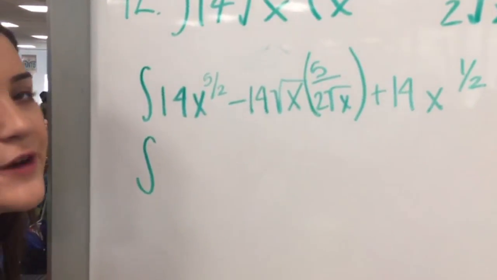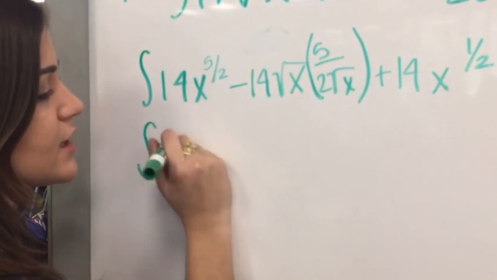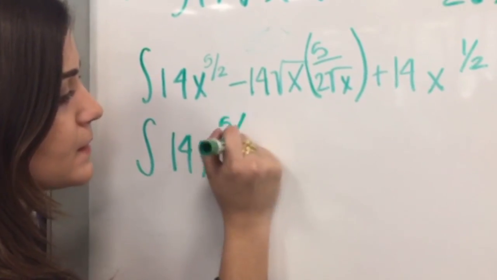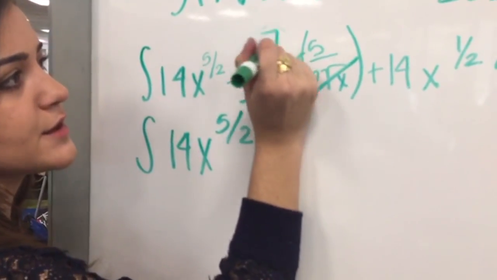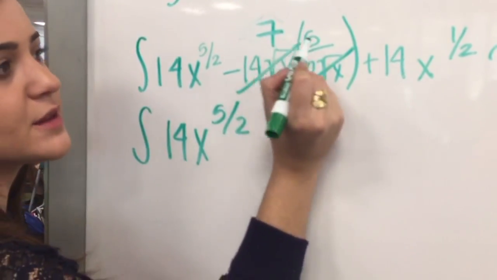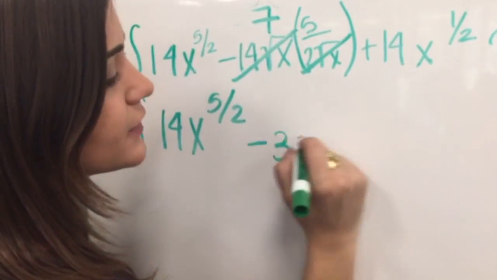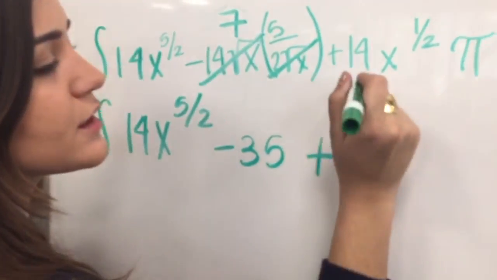Now we're going to simplify. So this one stays the same. And this one, we can cancel this with this, and you have a 17 here, and you multiply 7 times 5 is 35, and this one stays the same.